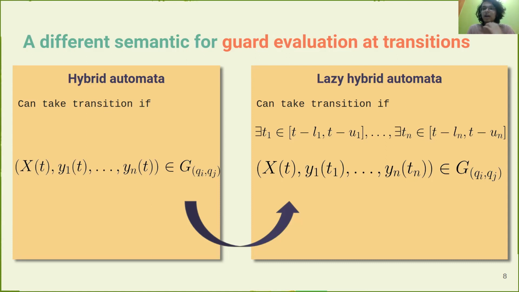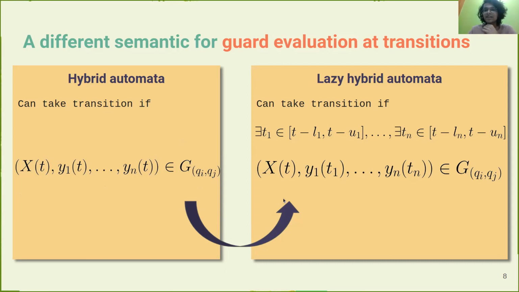Basically, we need to allow the guard condition to be satisfied even if there is a delay on the observation of some input system variables, and we need to still allow this transition to take place. Now, in a regular hybrid automaton, at some given moment, we can take a transition between two discrete locations if the system variables evaluated at a given time t satisfy the guard condition of the transition.